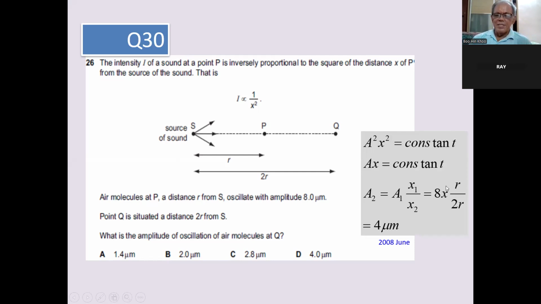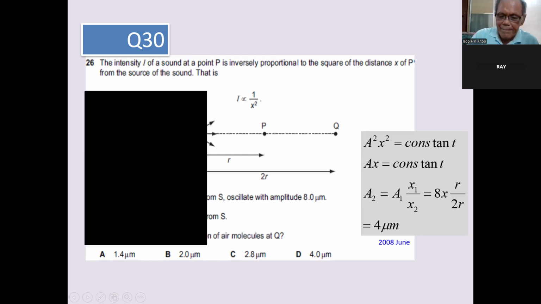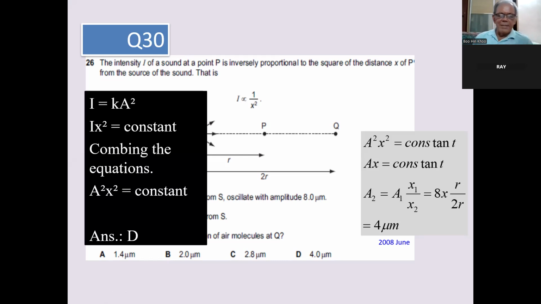So A2 is A X1 over X2. Remember, A is amplitude. As long as you use the same unit, if you use micro, you get micro. X1 is R, X2 is 2R. So the answer is B.